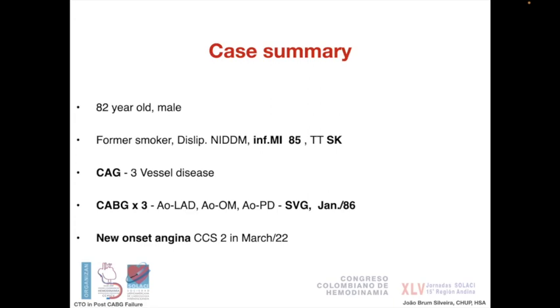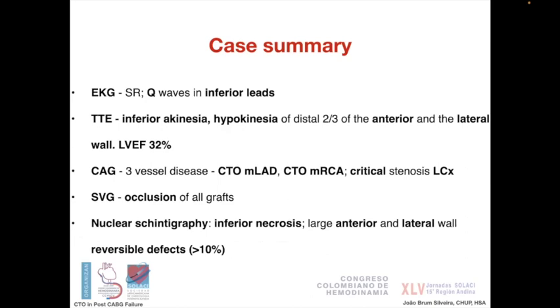In January 1986. This patient came back with new onset angina, CCS 2, in March 2022. The EKG shows ST-segment changes and T waves in the inferior leads, and the transthoracic echocardiography shows inferior akinesia and hypokinesis of the anterior and lateral wall, with an ejection fraction of 32%.